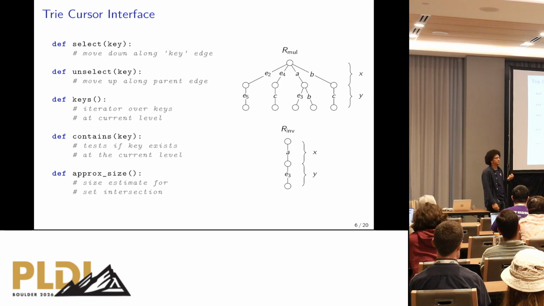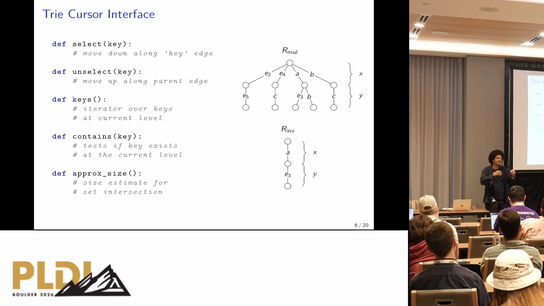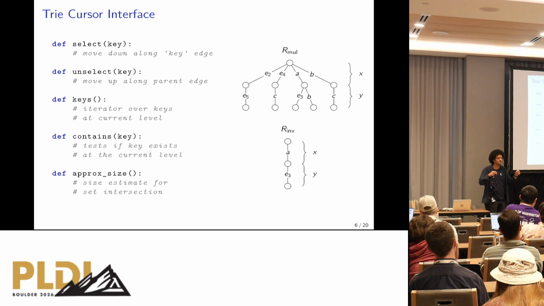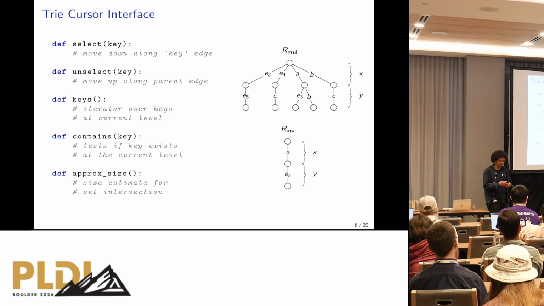The first and kind of most important one would be select, which in this case is just follow the edge you selected. Unselect is walking back up to the parent. Keys would be to get all different outgoing edges at the current node. And then contains and size are mainly needed to implement the set intersection.